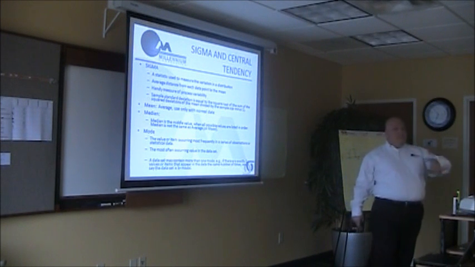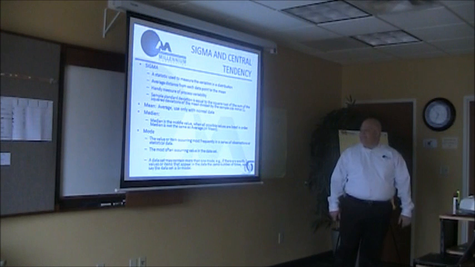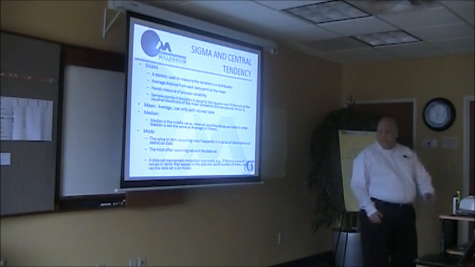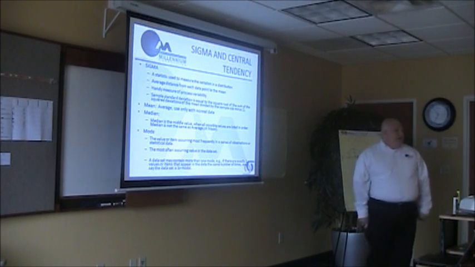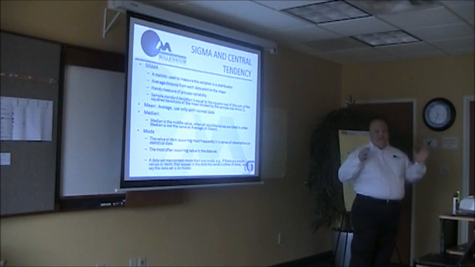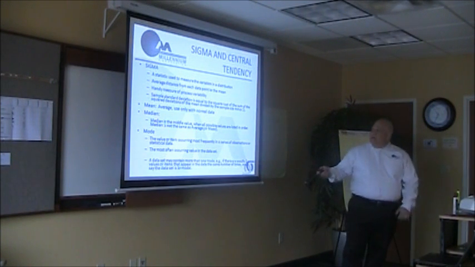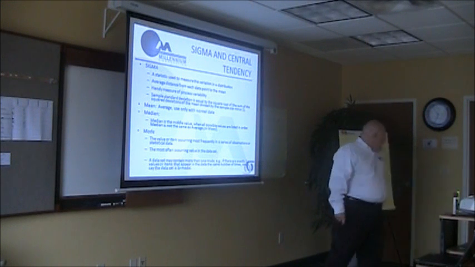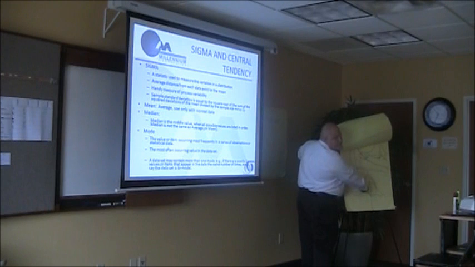Mode is the most occurring number, the number that shows up the most. There's not a lot of uses for mode. I use it sometimes in surveys, on a 1 to 5 type of scale, and then I'll take the mode. But if we're talking about a normal curve, mean, median, and mode are the same thing.